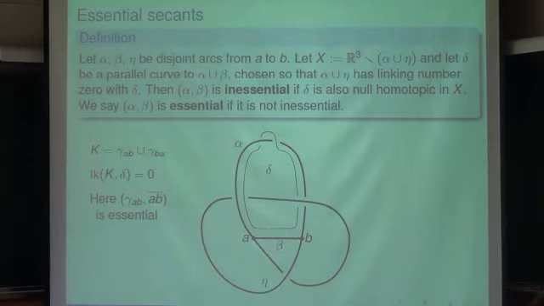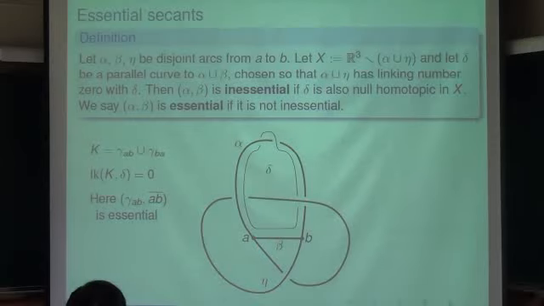That means it's trivial in the homology of the complement of the knot. Then you ask, is this curve delta trivial in the fundamental group or not of the complement of the knot?